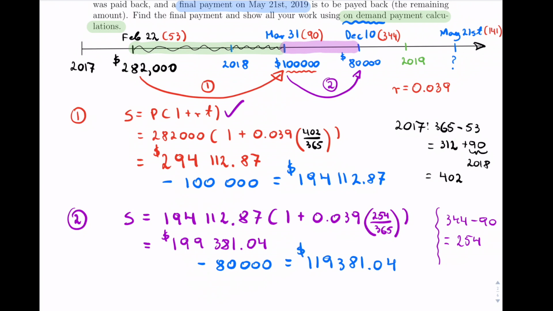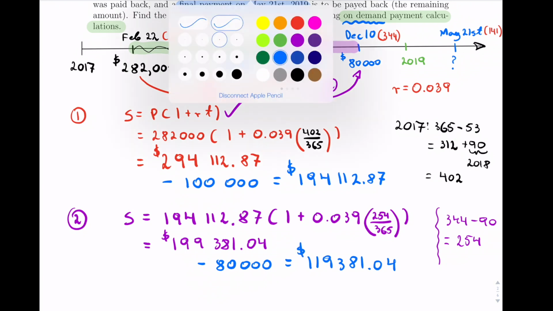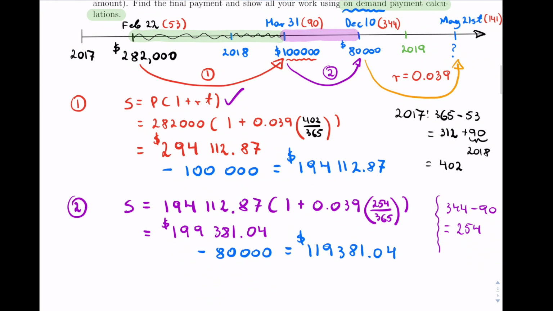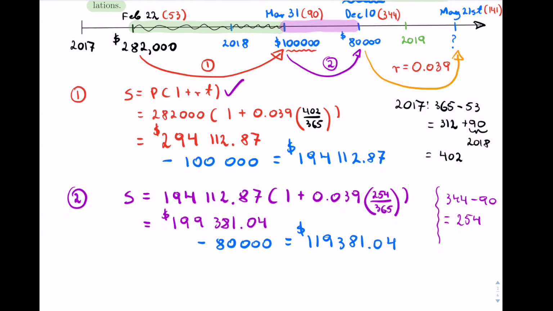And now lastly, we have to take and move this over here. But now, again, it's spanning from 2018 to 2019, so you have to be careful how you count the number of days there. So that will be number 3 right here.